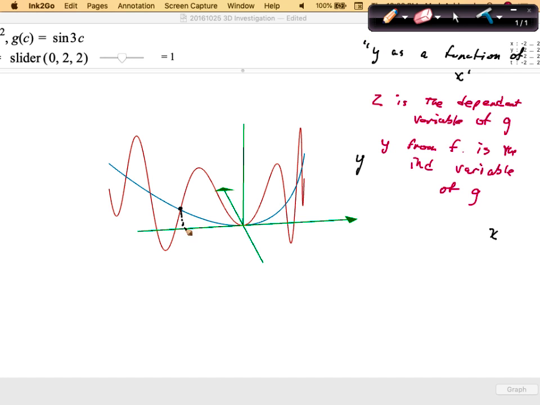We're going to call the x coordinate of that point x1. I want you to find that value. What's the value of x1?